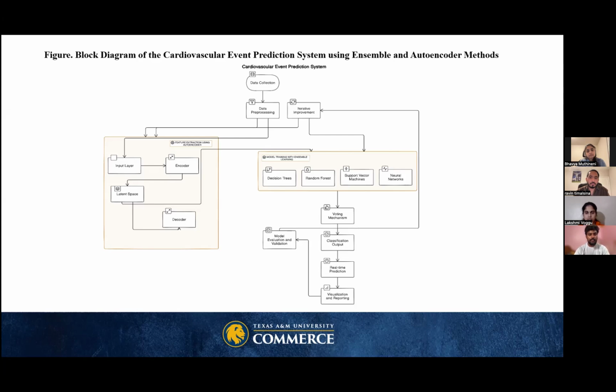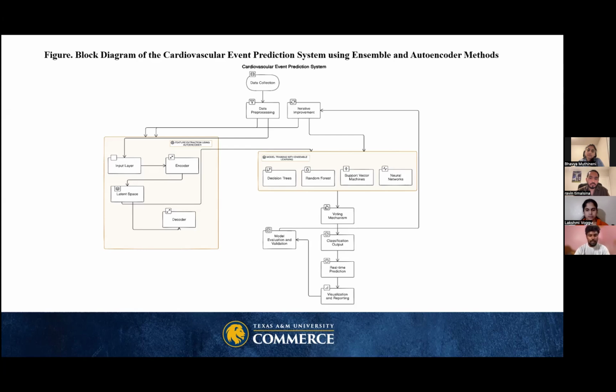The system then performs feature extraction using an autoencoder, which is a deep learning based method for reducing the dimensionality of the data set. The autoencoder is a neural network that consists of two main parts, the encoder and the decoder. The encoder is used for compressing the data and the decoder is used for decompressing the compressed data.